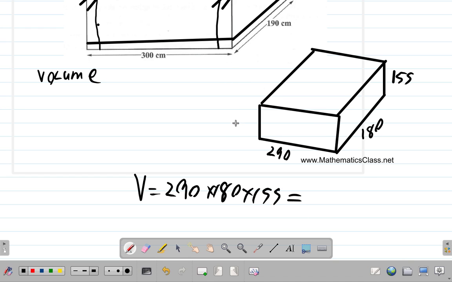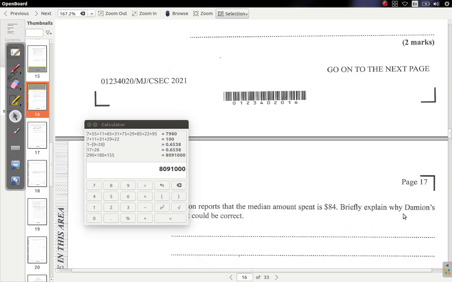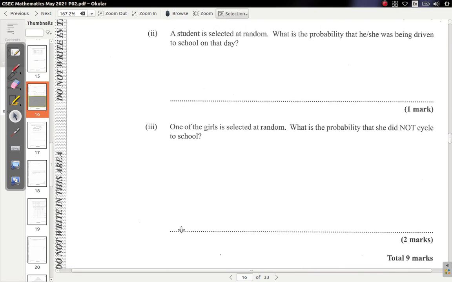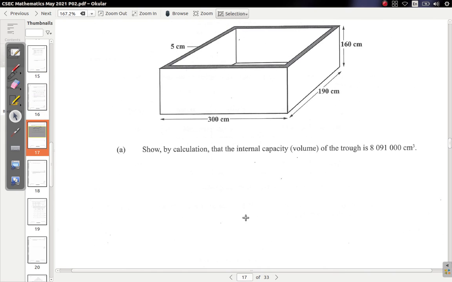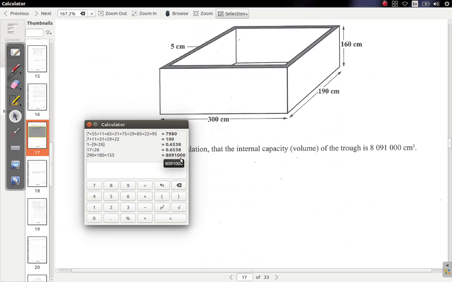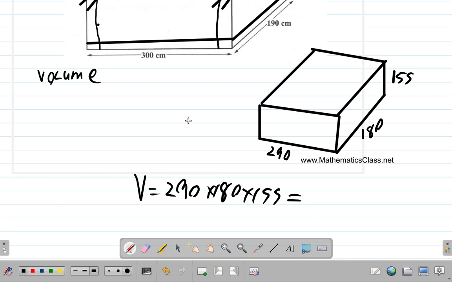Remember in an exam you have to show the subtraction, show all working, or maybe they mark for the subtraction and everything there, even though I never showed it. So that's 8,091,000 cm³. Alright, so that is what you have.